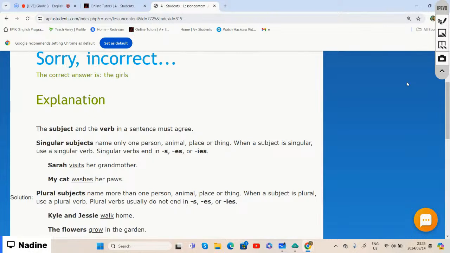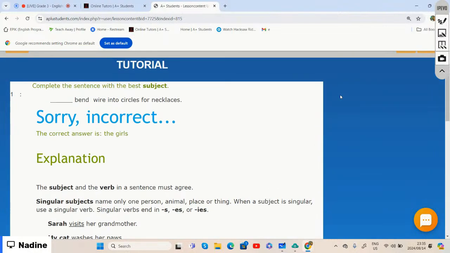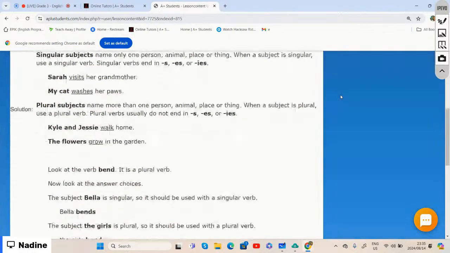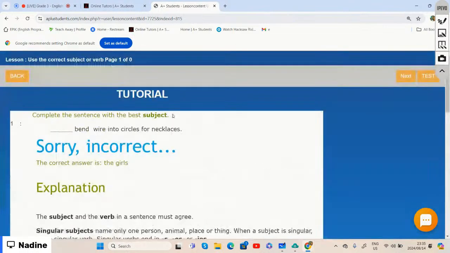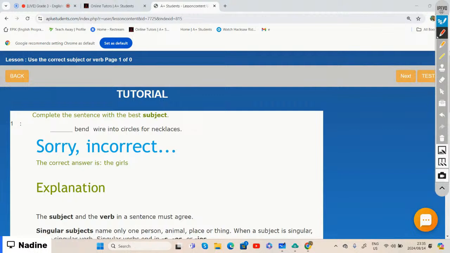All right. So now, if we look at the first one, it says bend wire into circles for necklaces. So do we say the girl bend, or do we say the girls bend? Which one is correct?